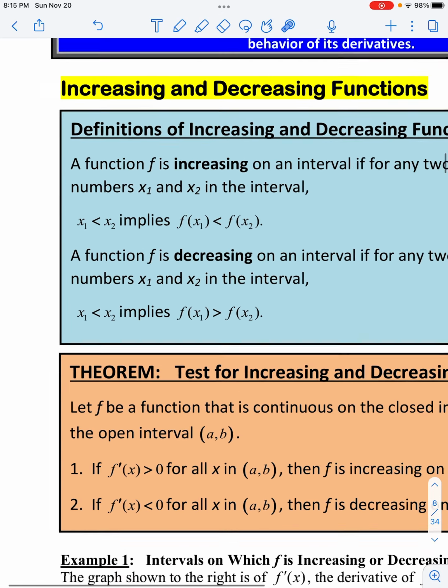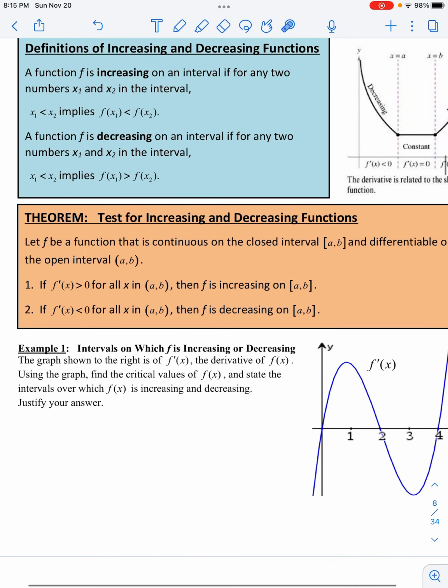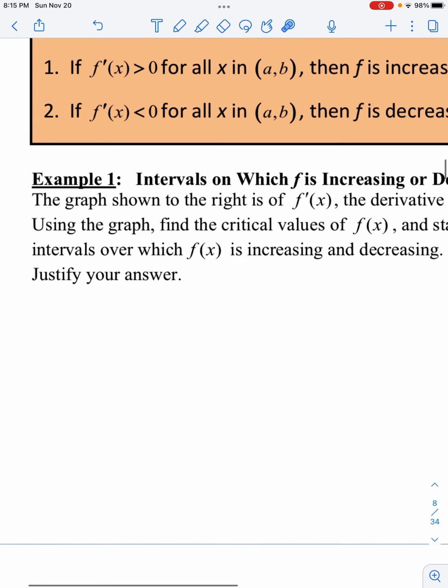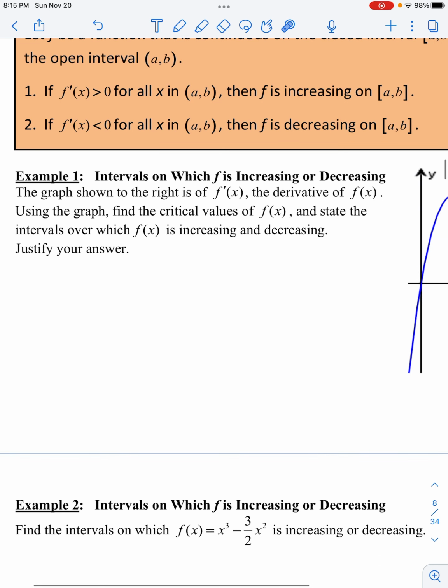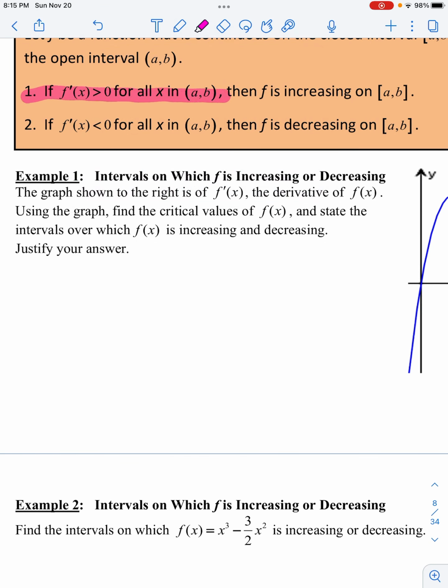So here are the definitions of increasing and decreasing. These are very mathematical, very rigorous. Hold off on this for your pink sheet for now. I like the test better. These two things, I would say these are pink sheet material. These are much better. So this is actually pretty easy. This is a pretty easy concept.